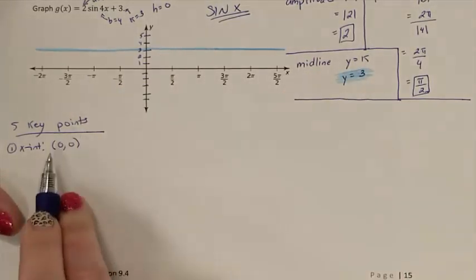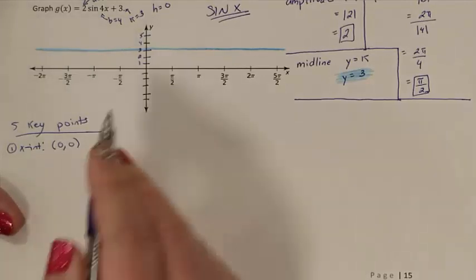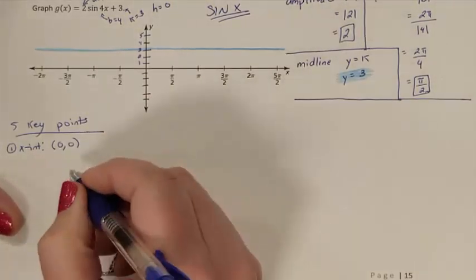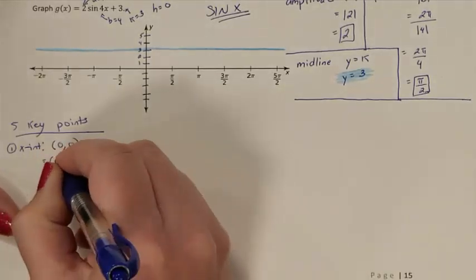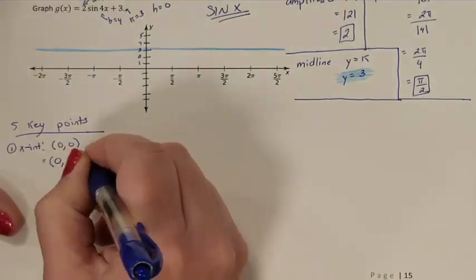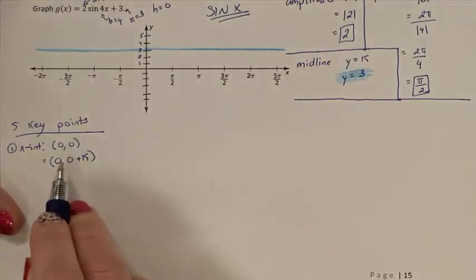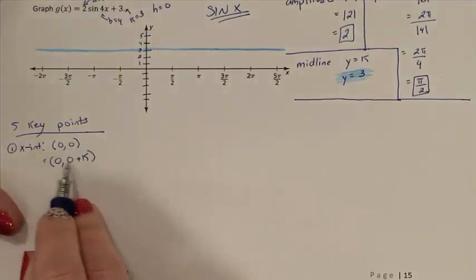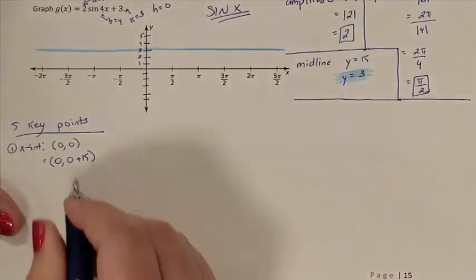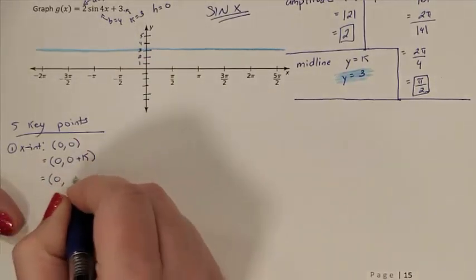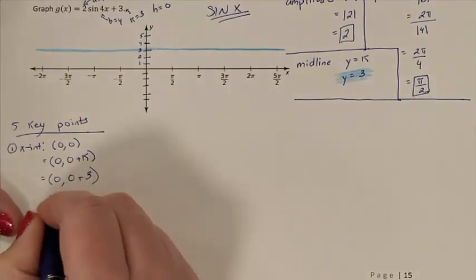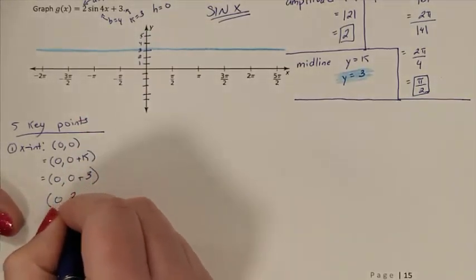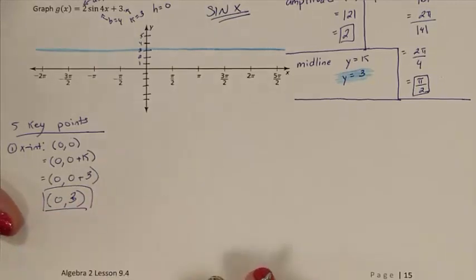Our midline moved up, which means our y values changed, which means my x-intercept y value needs to change in relation to the k. This is my first x-intercept when I have a k value. So I have the coordinate point 0, and then 0 plus my k value, which was 3. So my first x-intercept is the coordinate point 0, 3.